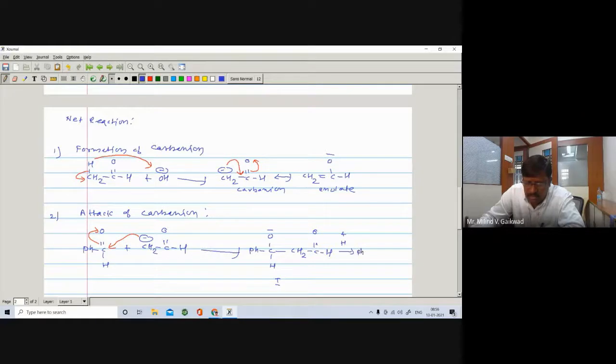So Ph, here is the C, here is the OH, here is the H. We can write CH2 like this, and C double bond O and H. This is your beta hydroxy compound, beta hydroxy aldehyde.